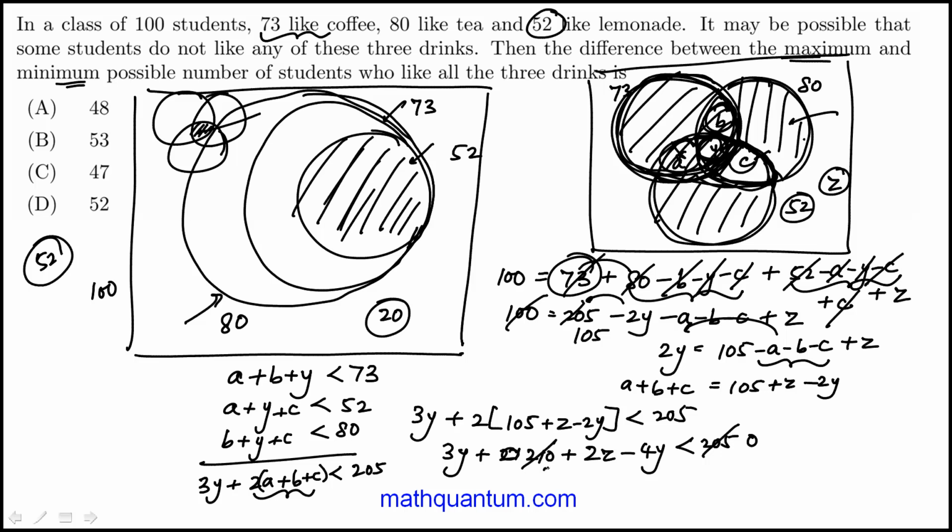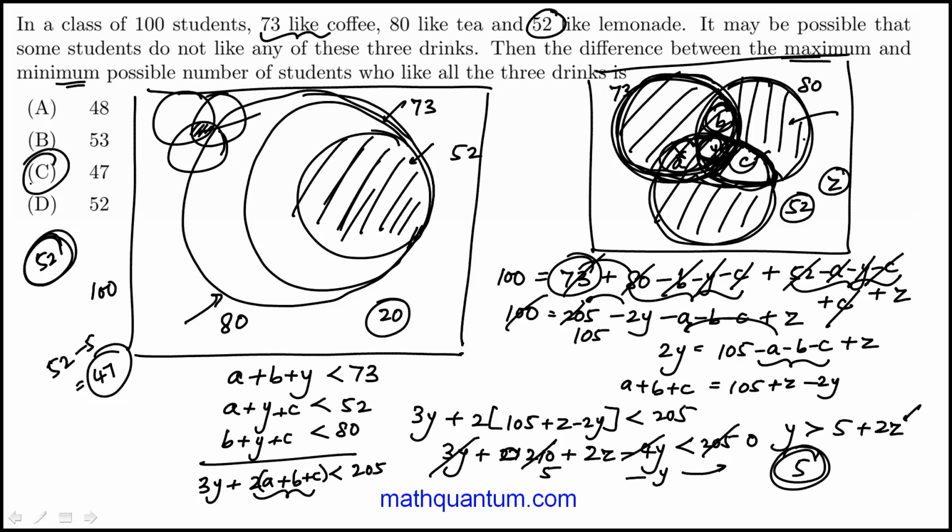That becomes 0, that becomes 5. This becomes minus Y, and I'll move that to the other side. So Y becomes greater than or equal to 5 plus 2Z. You can see the least value of Y has to be 5. Z can be 0, so my least value is 5. Maximum is 52. We're looking for the difference, which is 52 minus 5, that's 47, which is choice C.